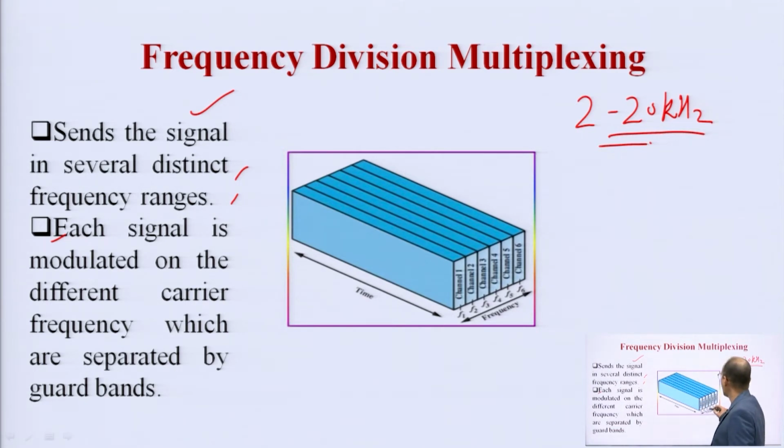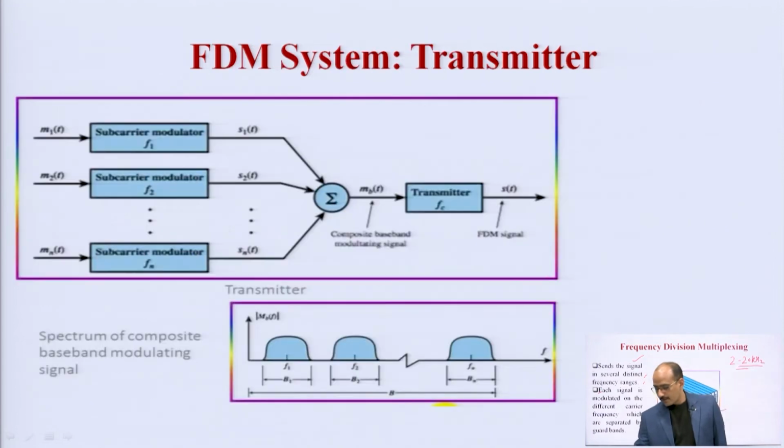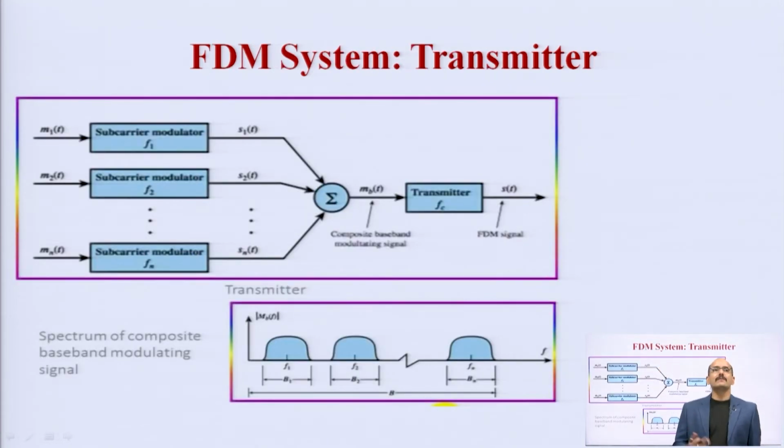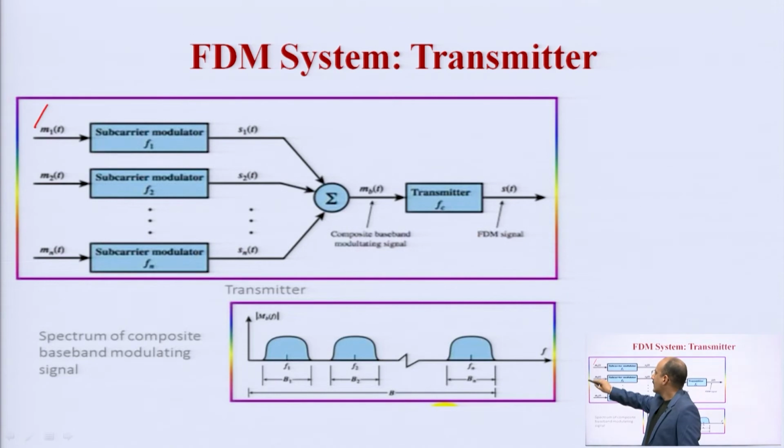This is showing the arrangement of time and frequency allocation of the multiplexing part. You can see here, this is the time part, and this is the channel frequency, which is divided between 6 channels. When we talk about the FDM system transmitter, you can easily see we have various analog signals M1(t), M2(t), Mn(t).